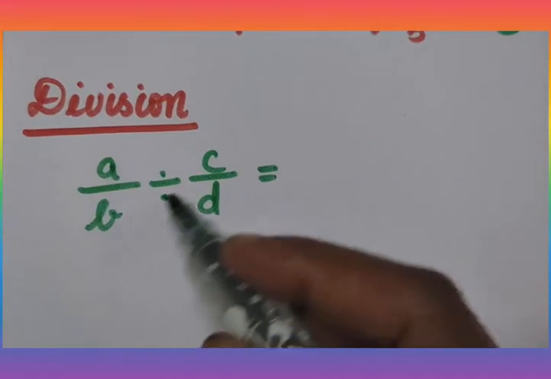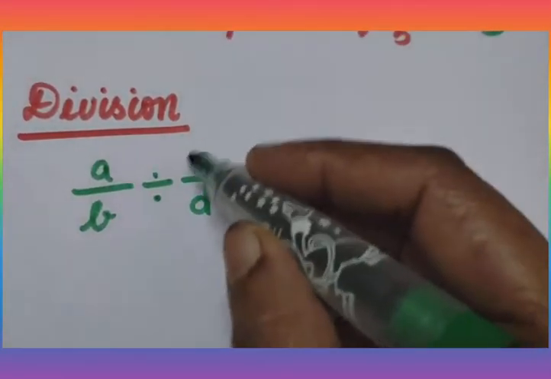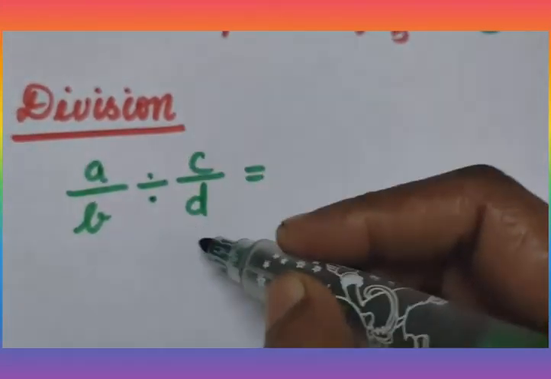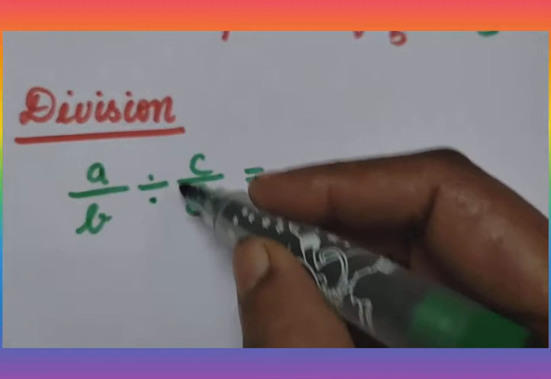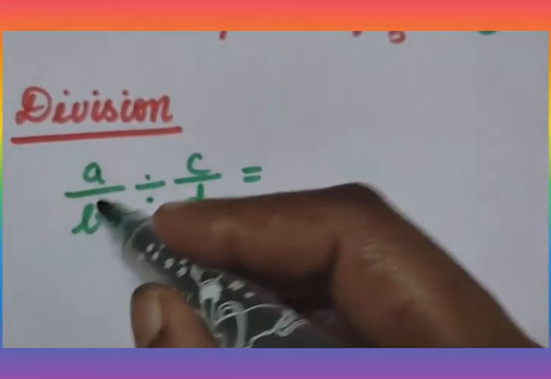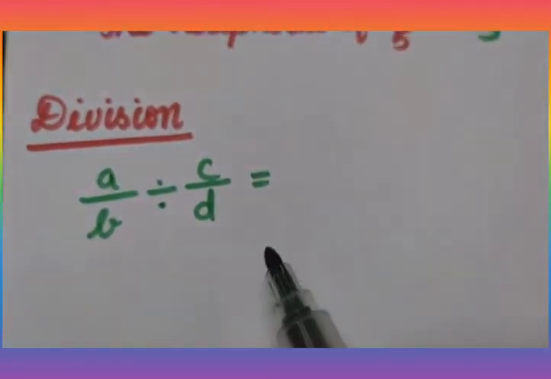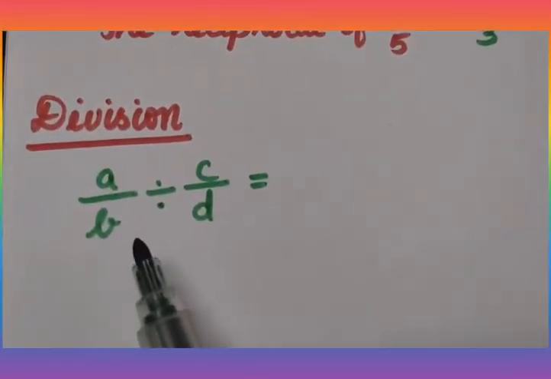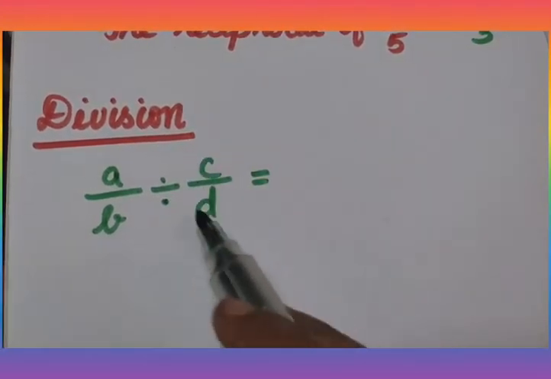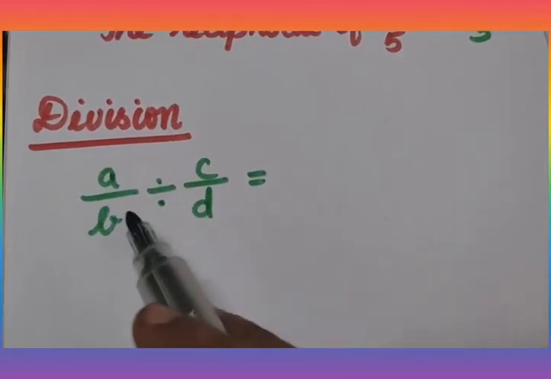Just take the reciprocal of the divisor, this second rational number, and multiply with the dividend. So to divide two rational numbers, take the reciprocal of the divisor, then multiply with the dividend.